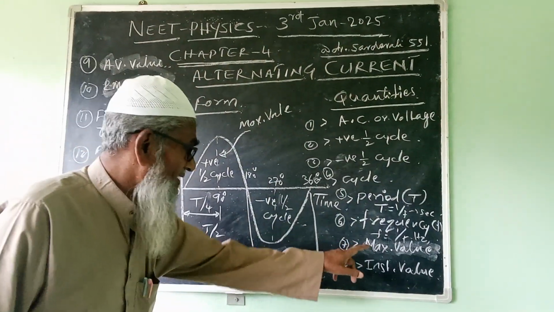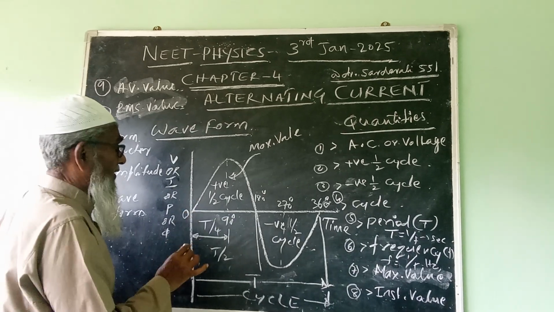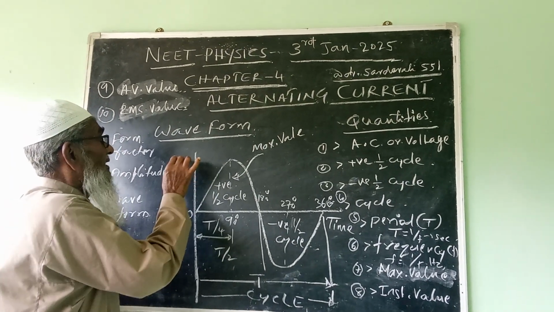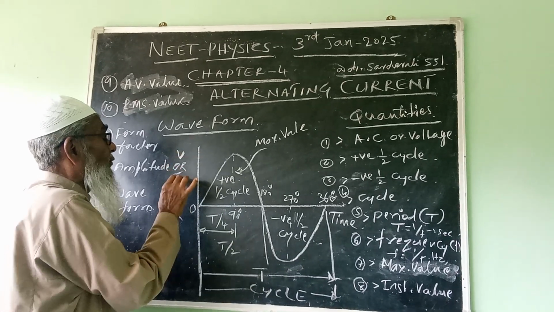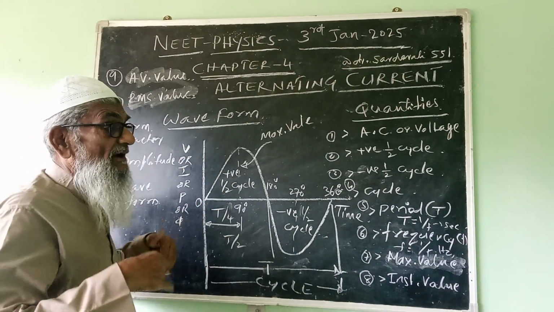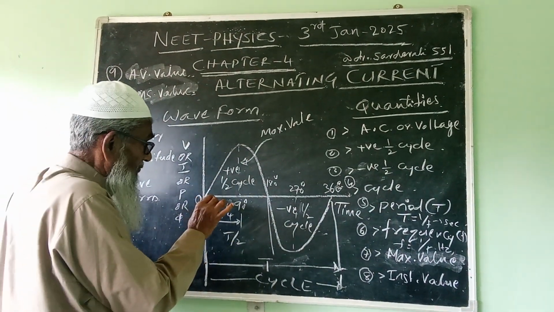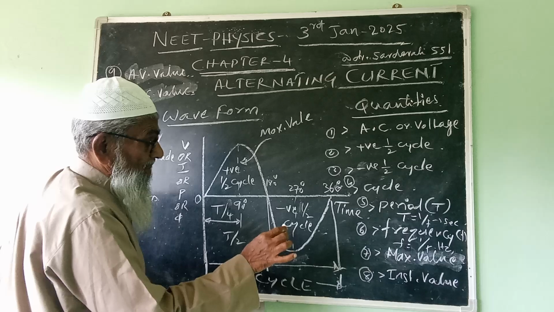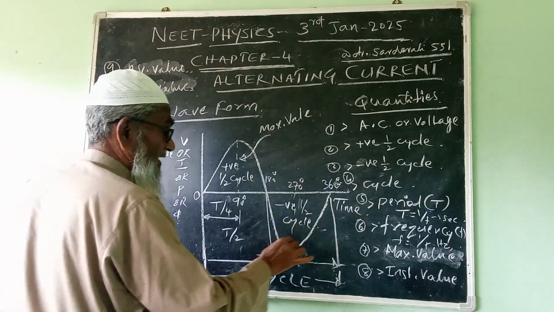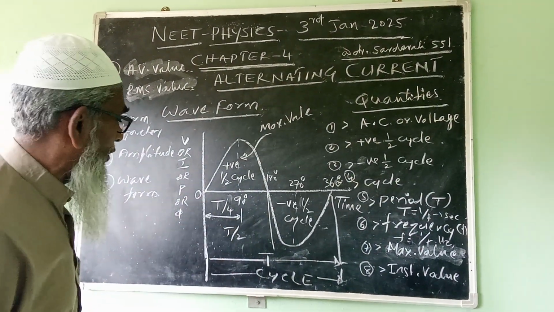Then coming to the maximum value, the value of an alternating current or voltage. I am repeating current and voltage because I am taking the reference of voltage as well as current side by side. Frequency means the number of such cycles completed in 1 second, which is already told.